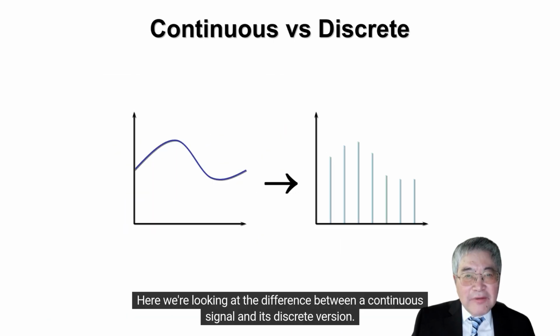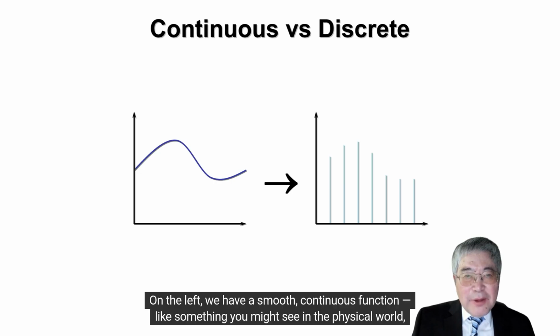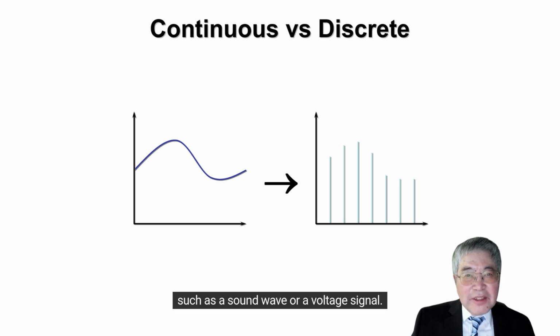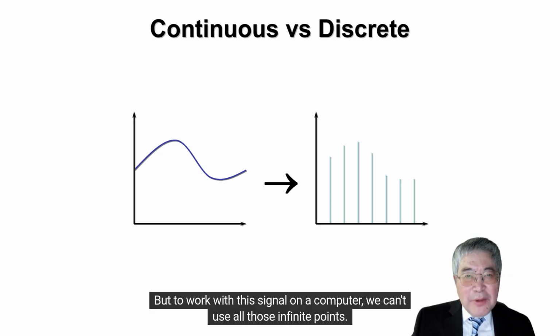Here, we're looking at the difference between a continuous signal and its discrete version. On the left, we have a smooth, continuous function like something you might see in the physical world, such as a sound wave or a voltage signal. It's defined at every instant in time. But to work with this signal on a computer, we can't use all those infinite points.